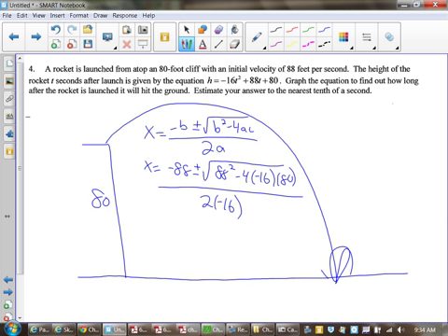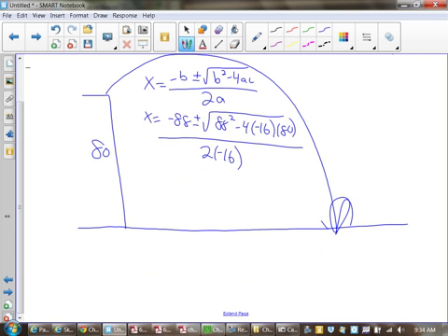Now, if you graph this, your parabola is going to give you a 0 that's negative and a 0 that's positive. So when you go through all of this, you wind up with negative 88 plus or minus 113.42 all over negative 32.